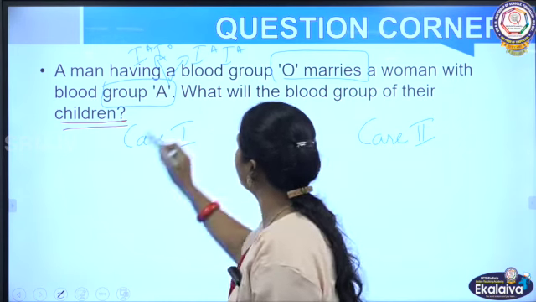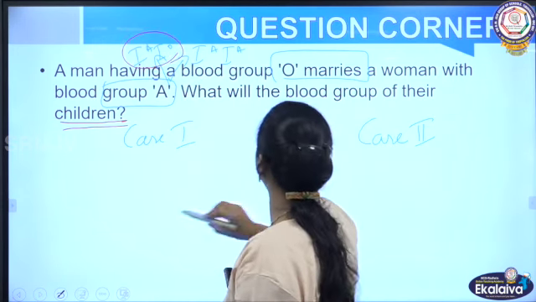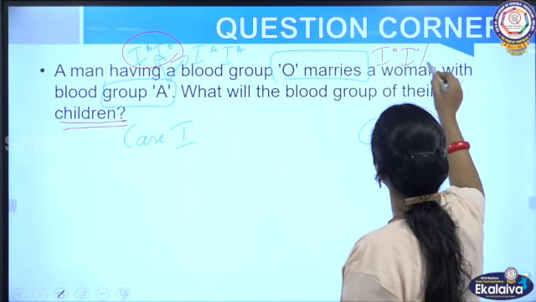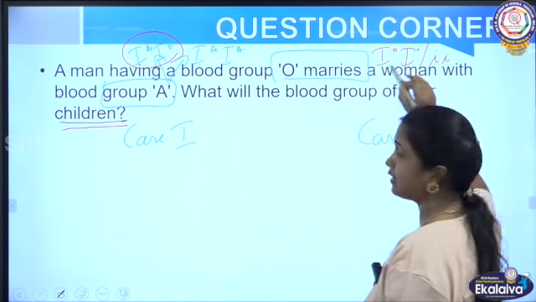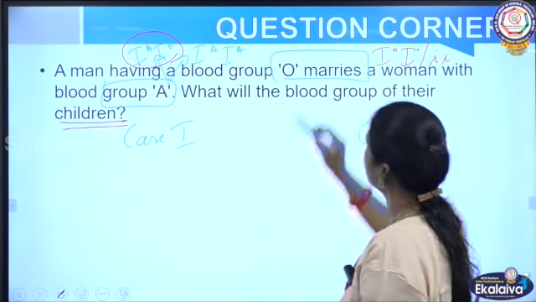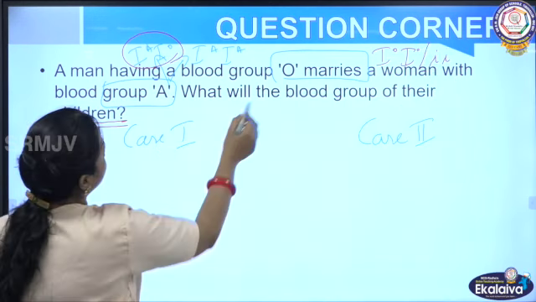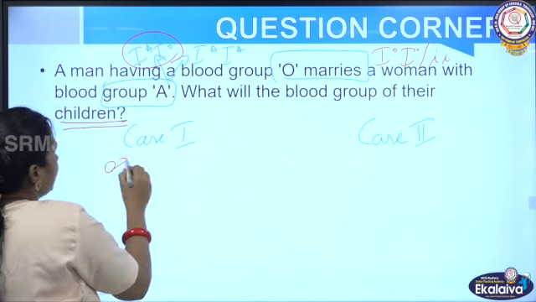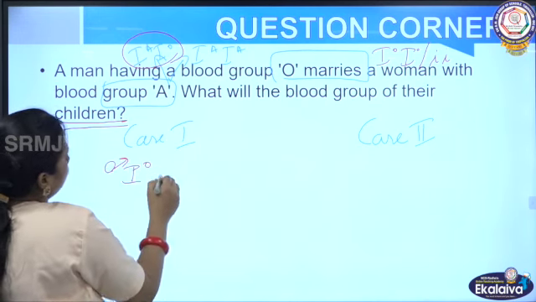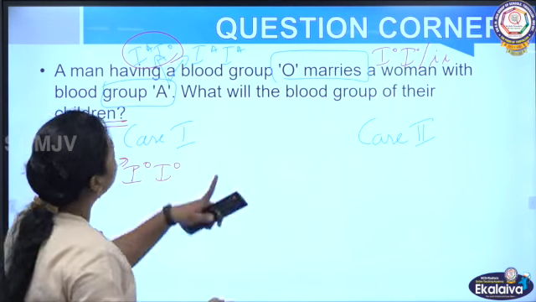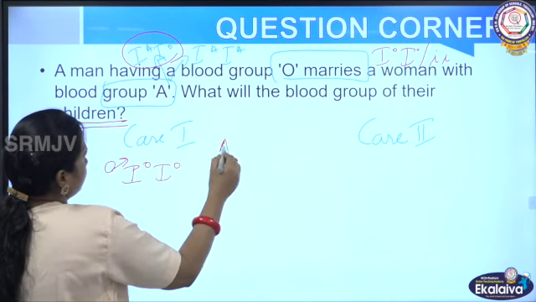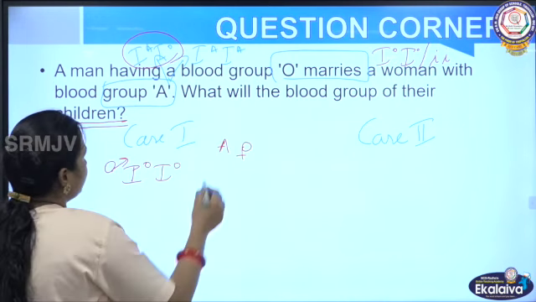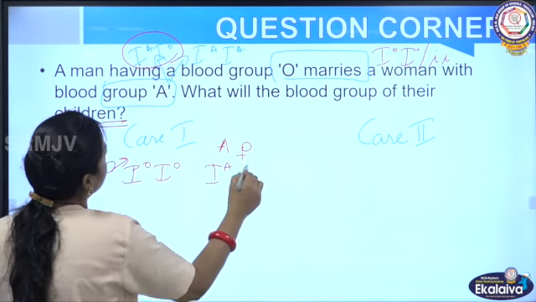Now case 1, I am going to use this one as case 1: IO, IO, or small i, small i. Let me take IO, IO. So here a man having blood group O, so male, IO, IO. And a woman with blood group A, so A blood group, this is a woman. So you write the female symbol, IA, IO.